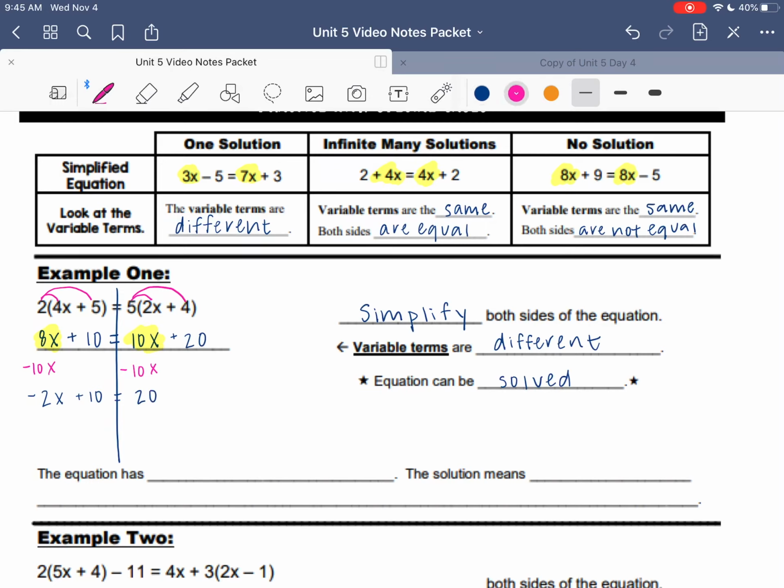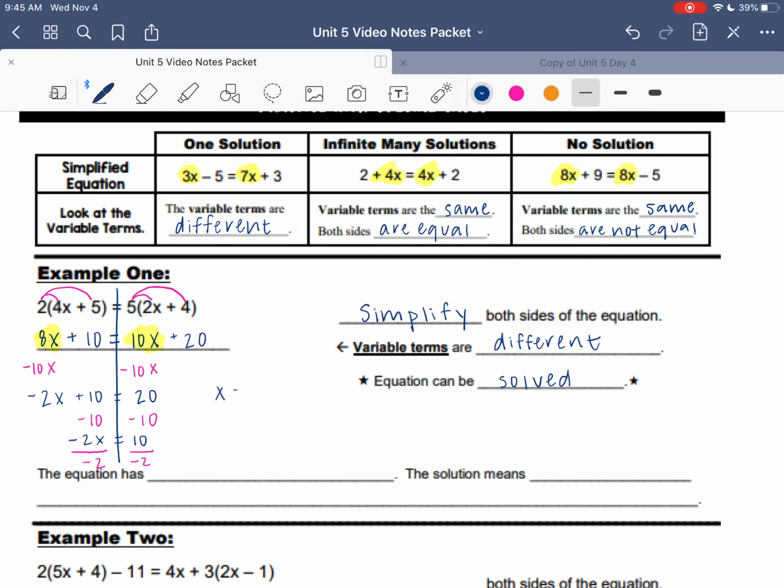And now we've got a two-step equation. So we can subtract 10 on both sides. And that gives us negative 2x equals 10. And then final step, divide by negative 2 on both sides.